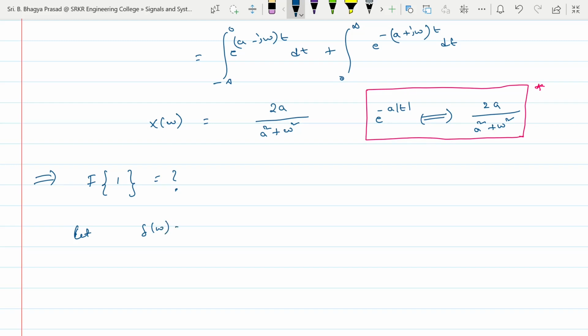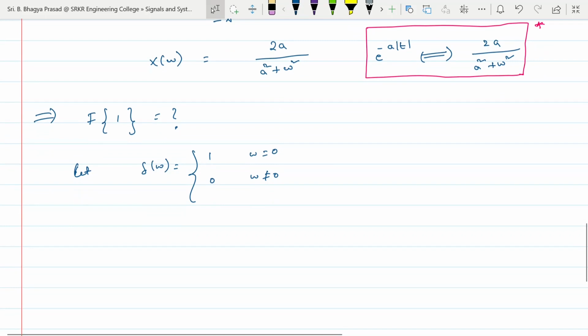So let delta omega, which is represented like this, already discussed in the previous problem. Delta omega has value 1 at omega equal to 0. So we are going indirectly to find out the Fourier transform of 1. In the frequency domain, the delta omega is 1.